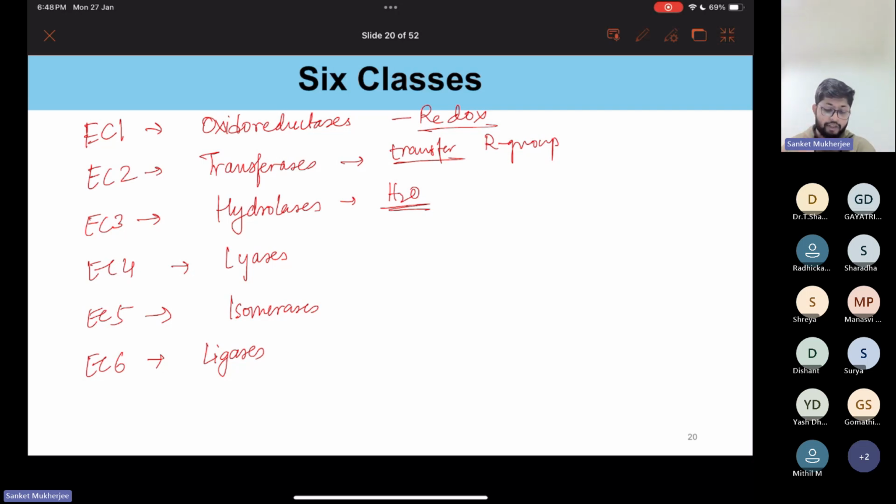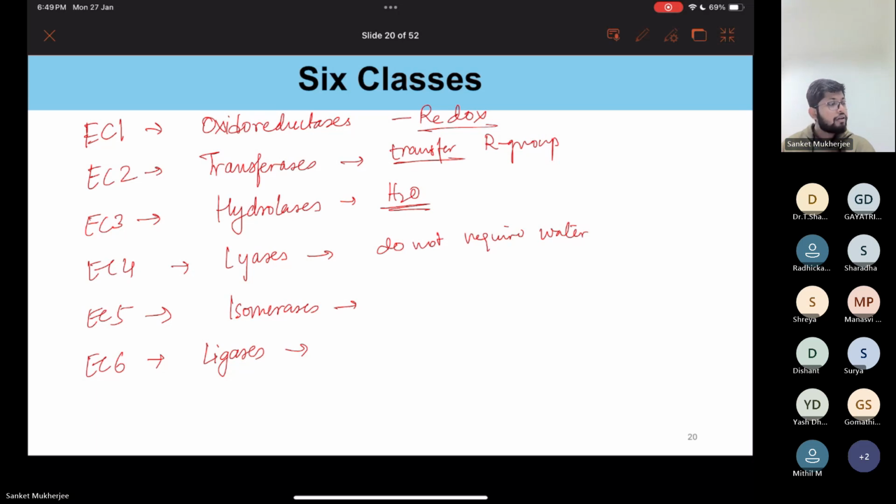Lipases are an example of hydrolases. Lyases also cause degradation, but they do not require water. In the absence of water, they do it. Isomerases cause different structural conformations. Sometimes they change chirality. There are certain mutases also which are involved as isomerases. Then there are ligases which basically join two molecules together.